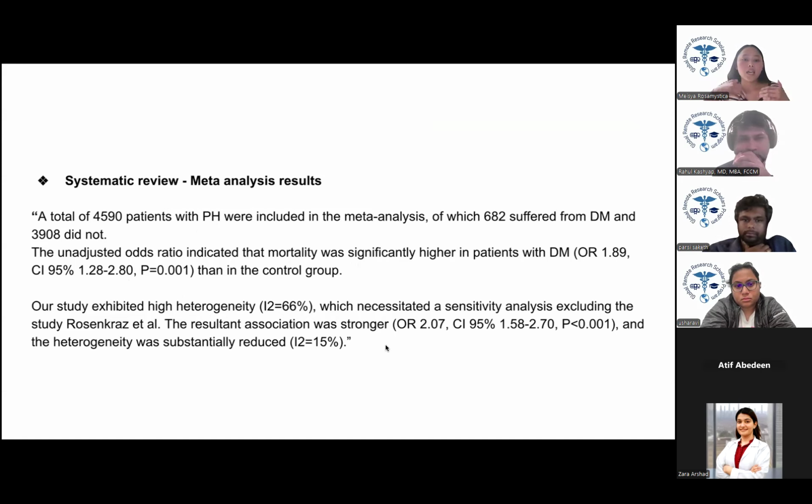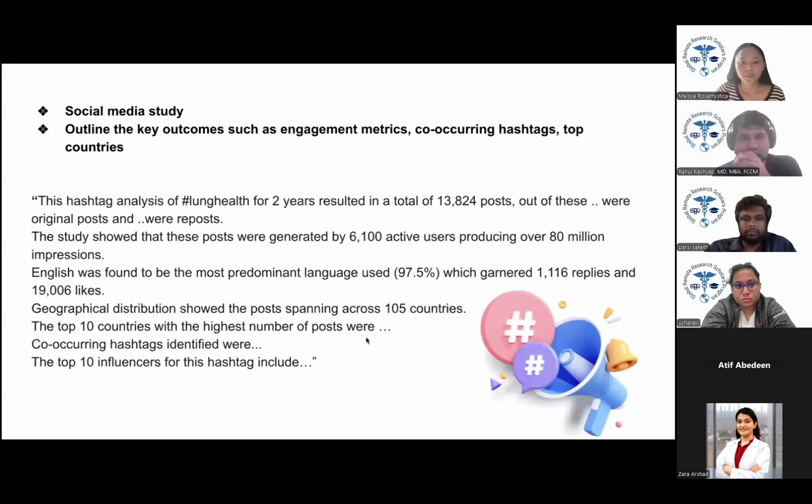So in the meta-analysis results, something that is clinically relevant or important, you mention that in the results section of an abstract. And always remember to include the confidence interval and the p-value. So that was it for the results section for the meta-analysis, the systematic review.